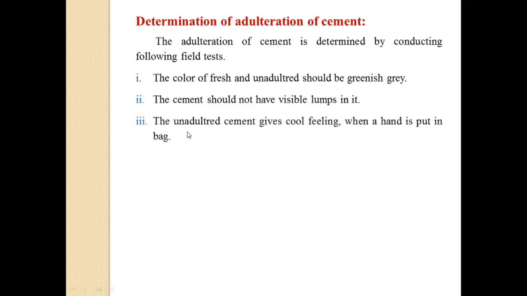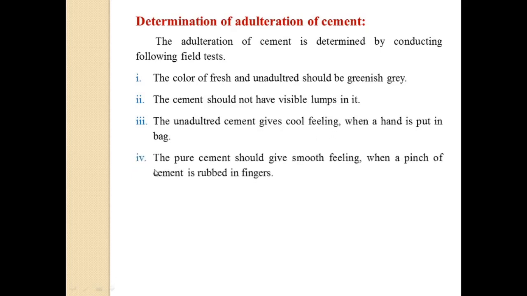Next, unadulterated cement gives a cool feeling when a hand is put into the bag, and if it is adulterated, then putting the hand into the cement bag gives a warm feeling. Next, pure cement should give a smooth feeling when a pinch of cement is rubbed between the fingers.